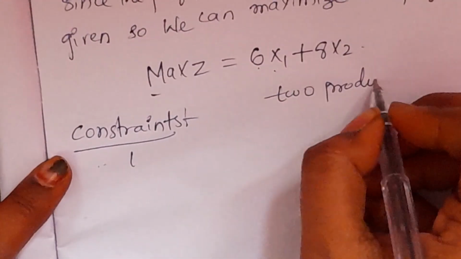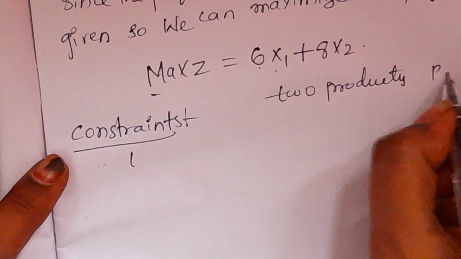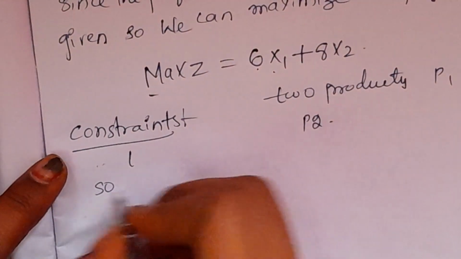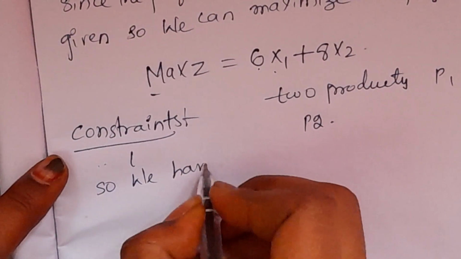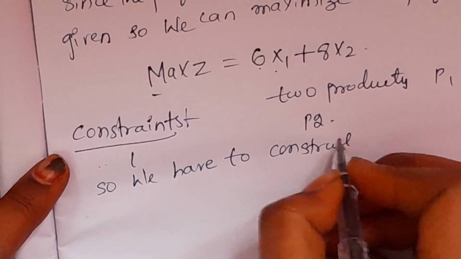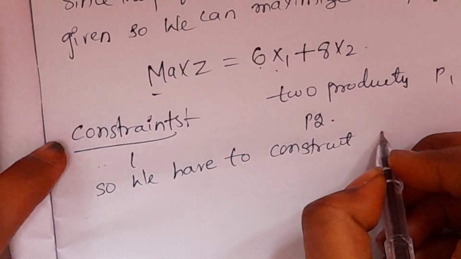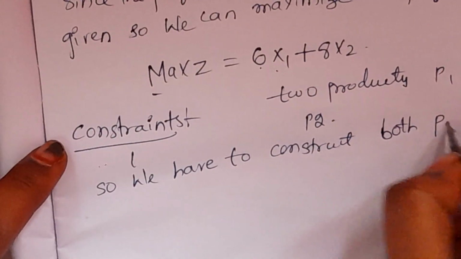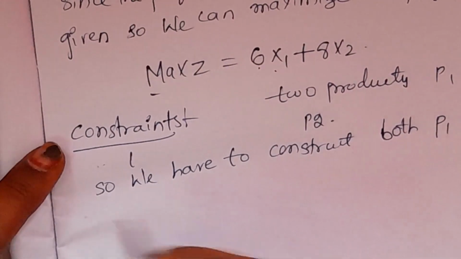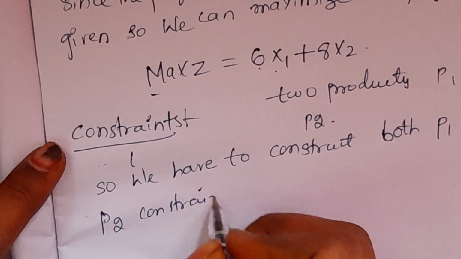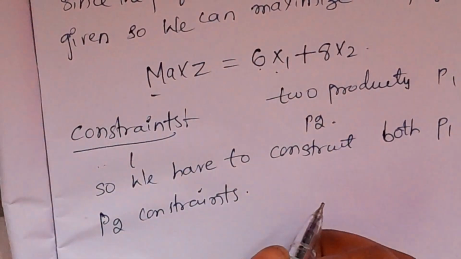Two products, P1 and P2. So we have to construct both P1 and P2 constraints. Understand? Okay.